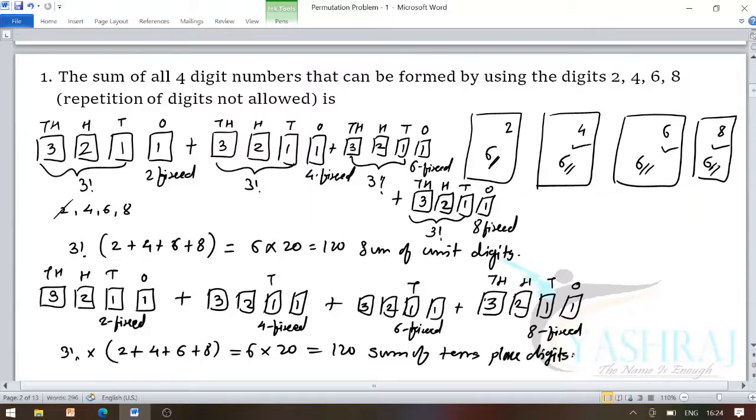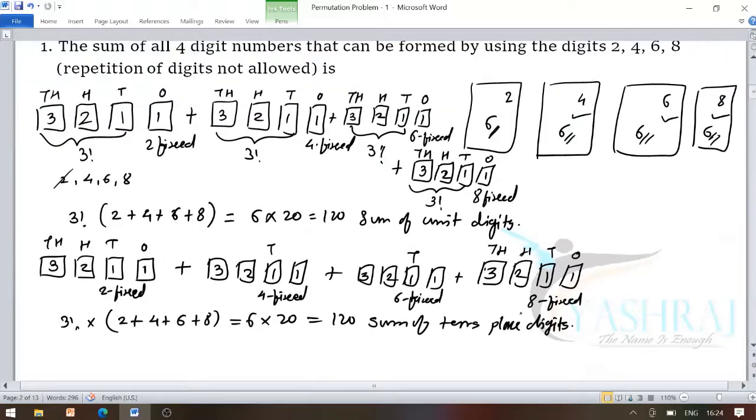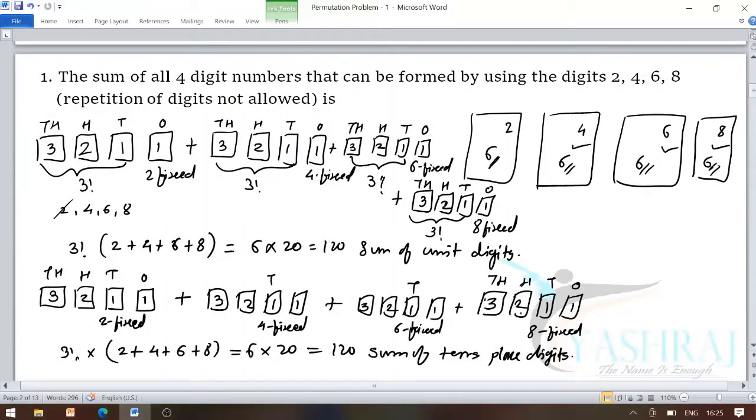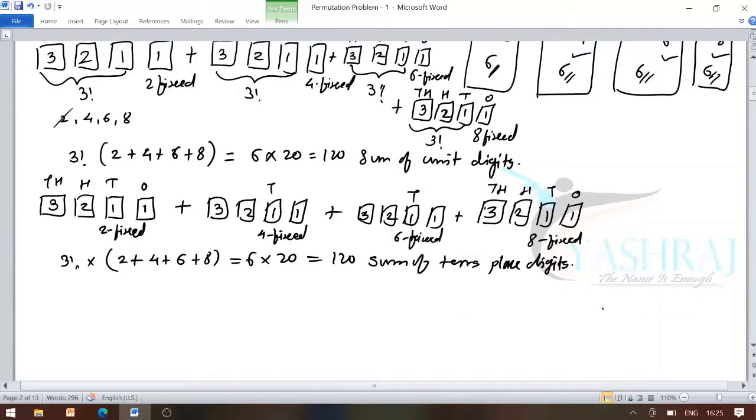Same thing, if we find the sum of the hundreds place digits, we again get 120 as the sum. Same thing if we find the sum of the 1000s place digits, it becomes 120.